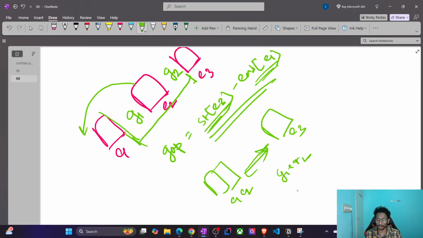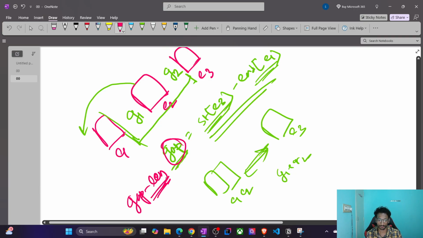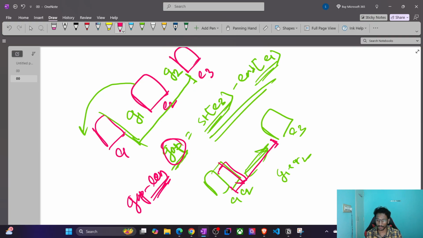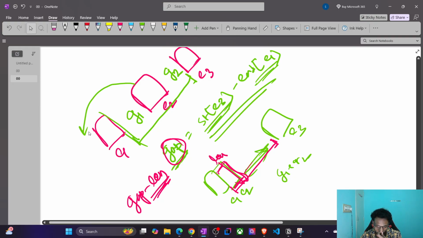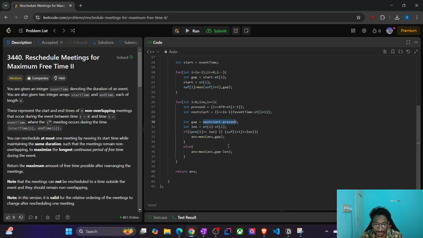G1 plus G2, or, what I can say, the total gap I have already calculated, gap minus length, right? Because the total gap will be here, and I will attach this, so we will lose this value, the length. Got it? The logic is clear. So that time our answer will be compared with gap minus length. Got it? And ultimately at the end return the answer.